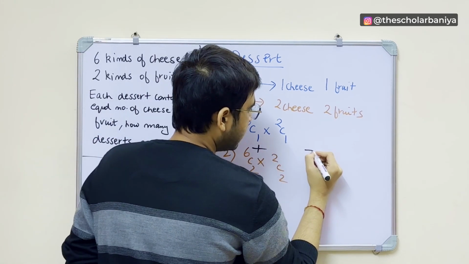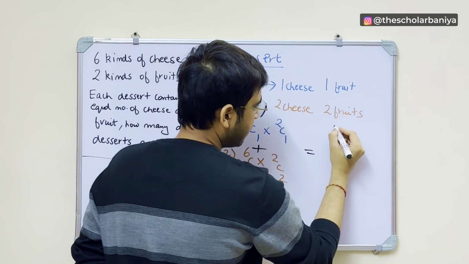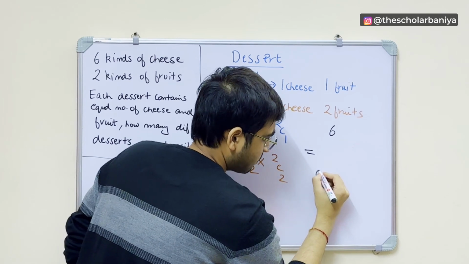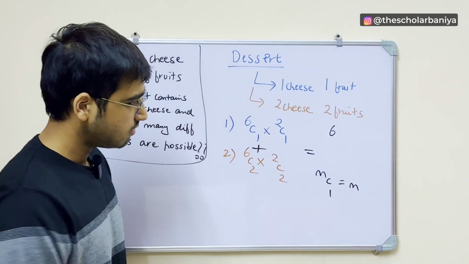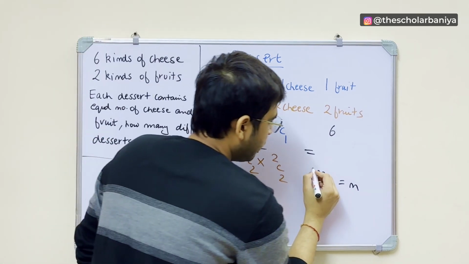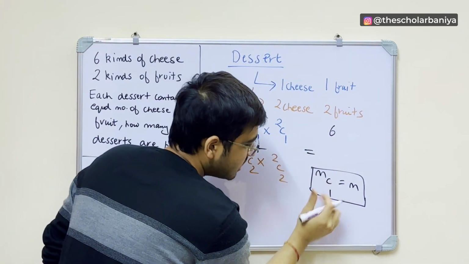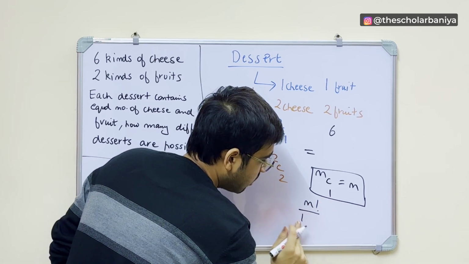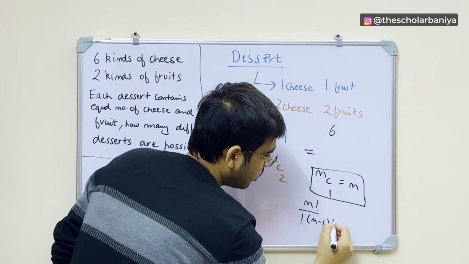So if we solve this, what is 6C1? 6C1 is 6, right? If you don't know this, so basically NC1 will be N. You should kind of remember this. I mean, this is very obvious. Why? Because what is this? This is N factorial upon 1 factorial, N minus 1 factorial, right?